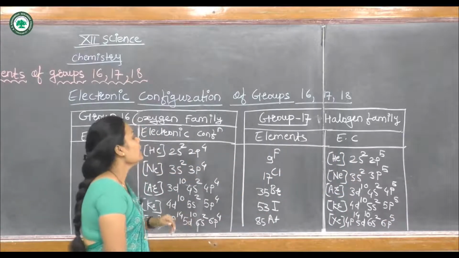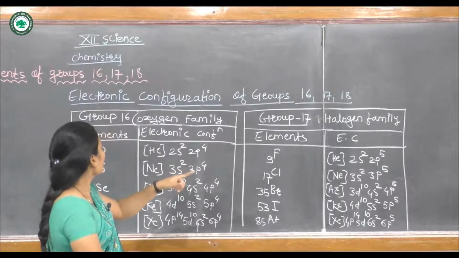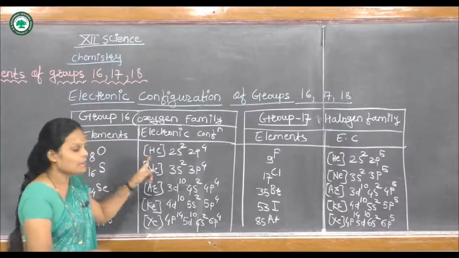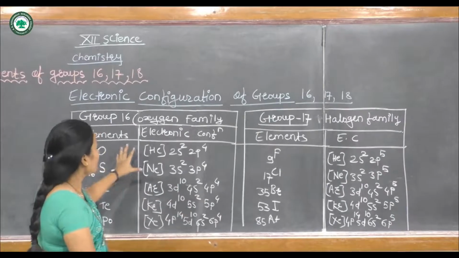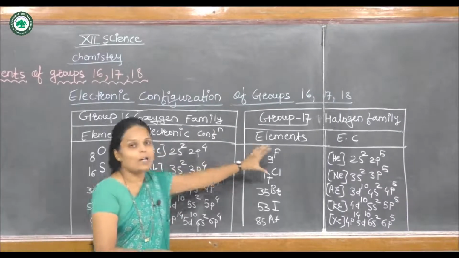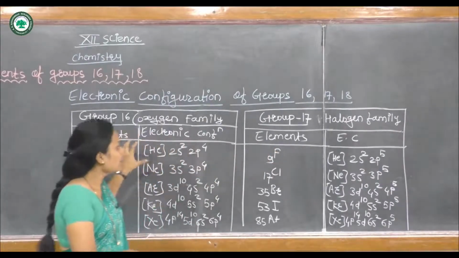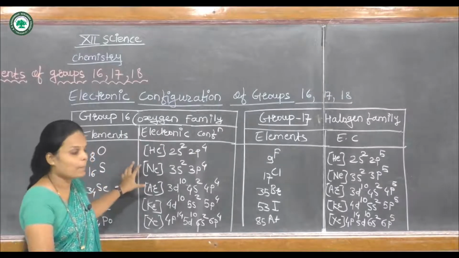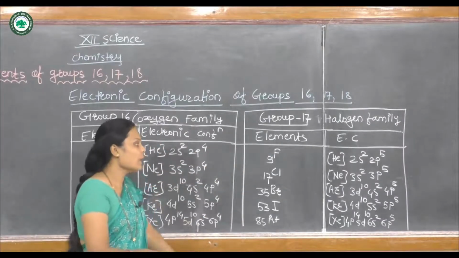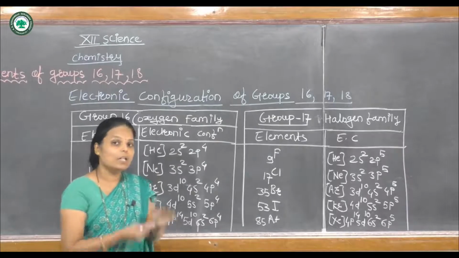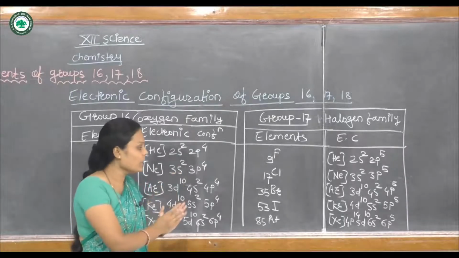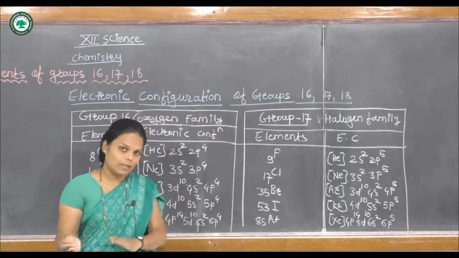This is the electronic configuration of group 16 and group 17. Group 16 is the oxygen family, and group 17 is the halogen family, in which the elements are fluorine, chlorine, bromine, iodine and astatine.